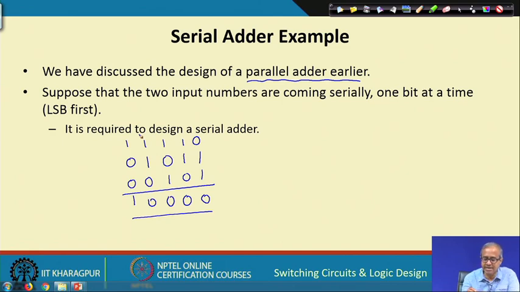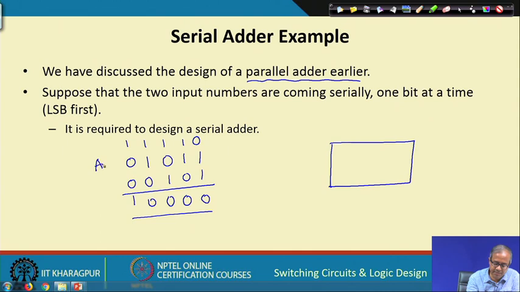Now, what I am saying is that we have a serial adder, that means I want to design a circuit like this, where these two numbers, let us call it A and B, are fed serially. Serially means least significant bit first.